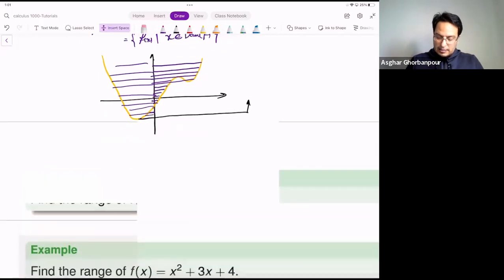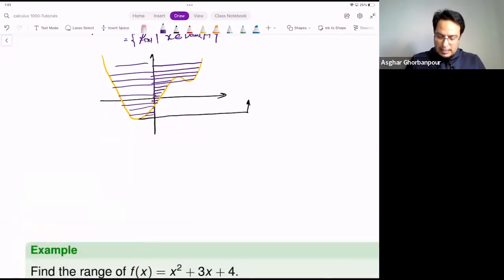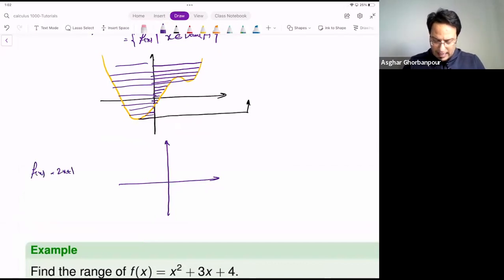A simple thing here is that, for example, you can do lines. If you have a line, it doesn't matter which, say 2x plus 1, the graph of linear functions are lines, and you can do it very simply. So when x is 0, this is 1.